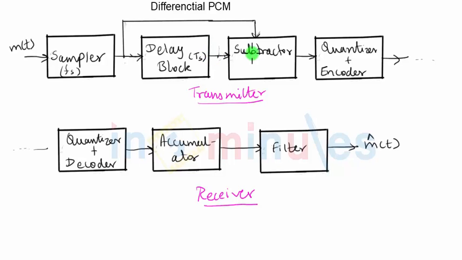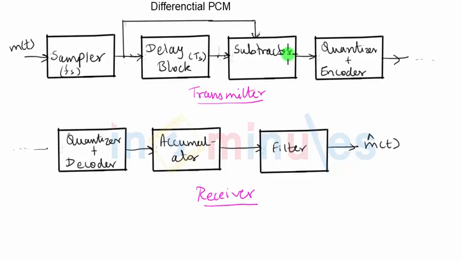So at the inputs of the subtractor, you have the first sample, which was delayed by Ts seconds and hence is there at the output of the delay block, and through the direct connection we have the second sample. So the output of the subtractor is going to be the difference between the first sample and the second sample.